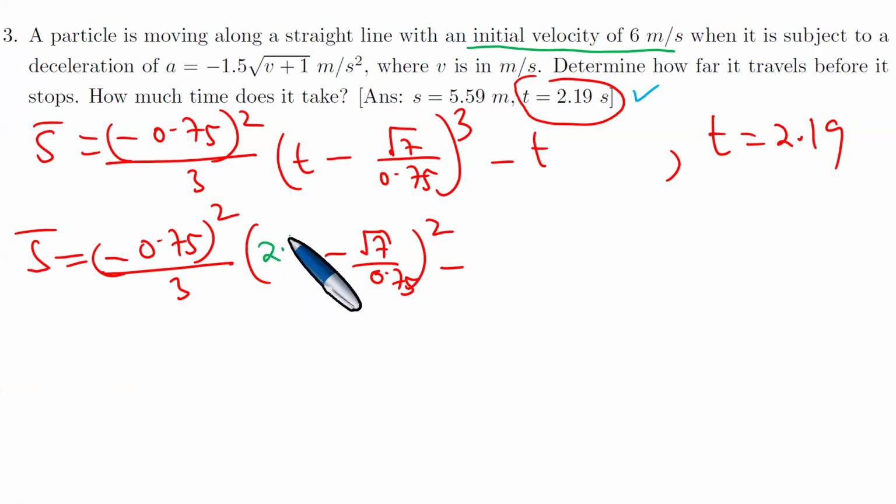The time must just be 2.19. It's 0 at the beginning, but the velocity is 6.